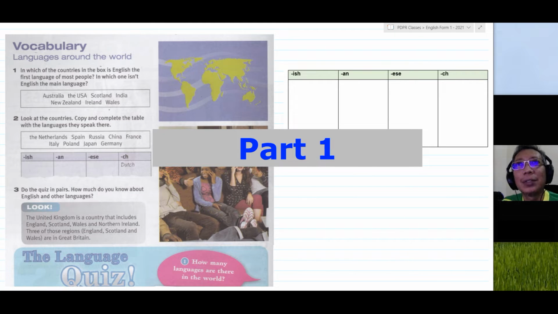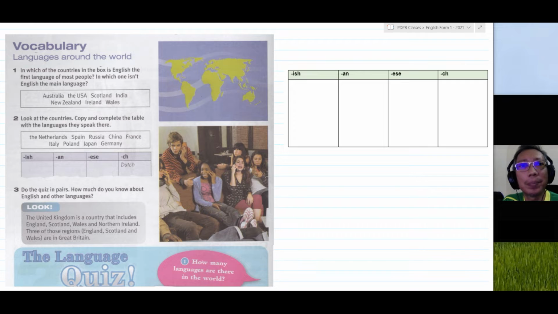Okay, let's read the instruction in part 1. In which of the countries in the box is English the first language of most people? The keyword there is English the first language of most people.